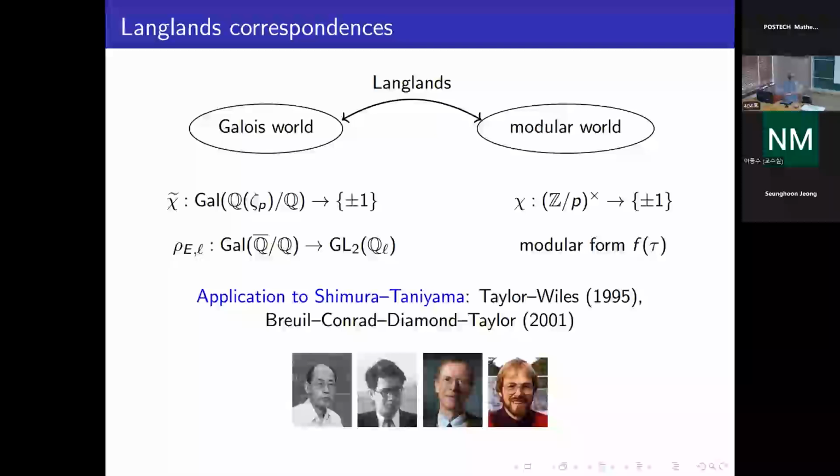On the other side, what we saw on the so-called modular world, because modular forms appeared in the context of elliptic curves, and these sort of Legendre symbol characters, or Dirichlet characters, appeared in the context of cyclotomic fields or quadratic reciprocity.